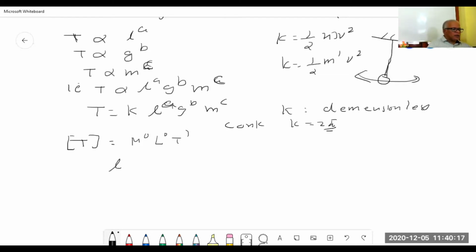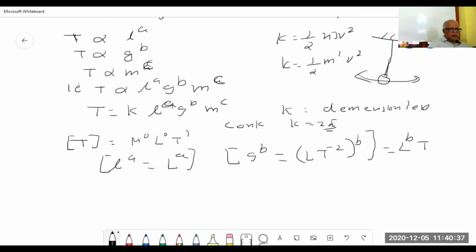L raised to A is nothing but L raised to A. G raised to B is nothing but LT minus 2 raised to B, which is L raised to B, T raised to minus 2B. Now m raised to C is m raised to C only.